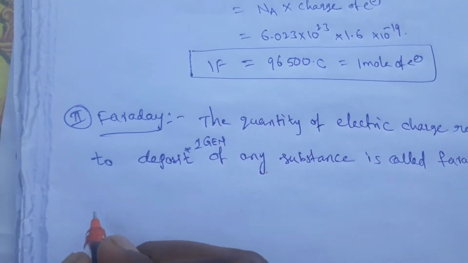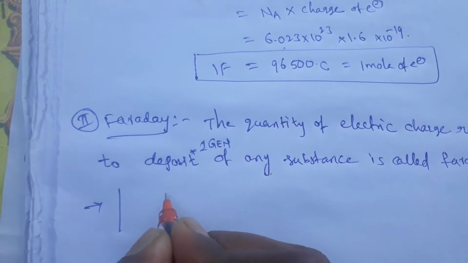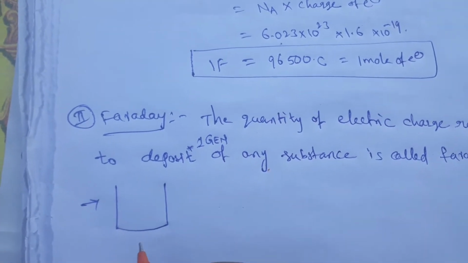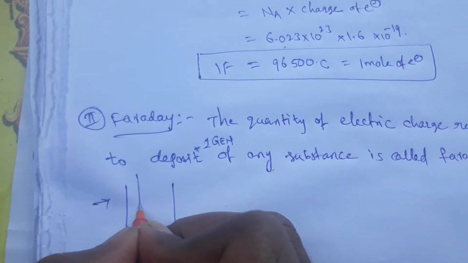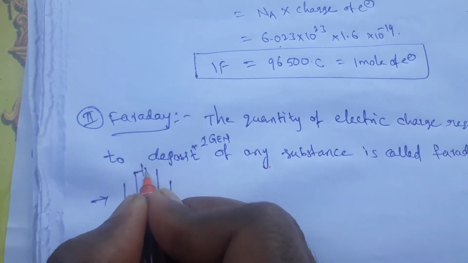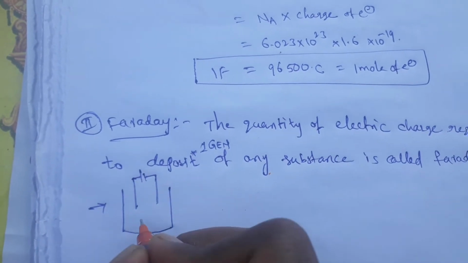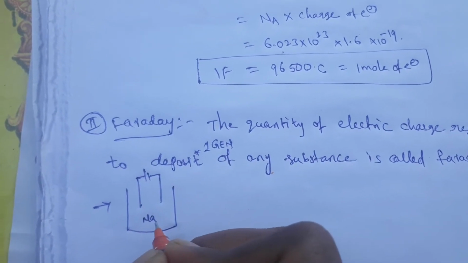Let us assume I have a beaker and there are 2 electrodes, and I am passing electricity through it. Let us assume I am taking sodium chloride.